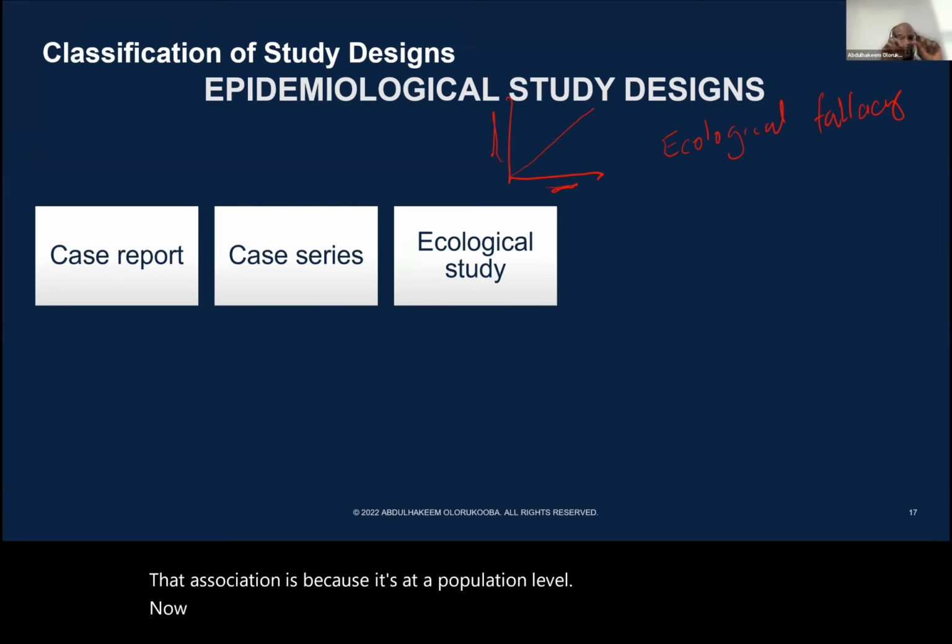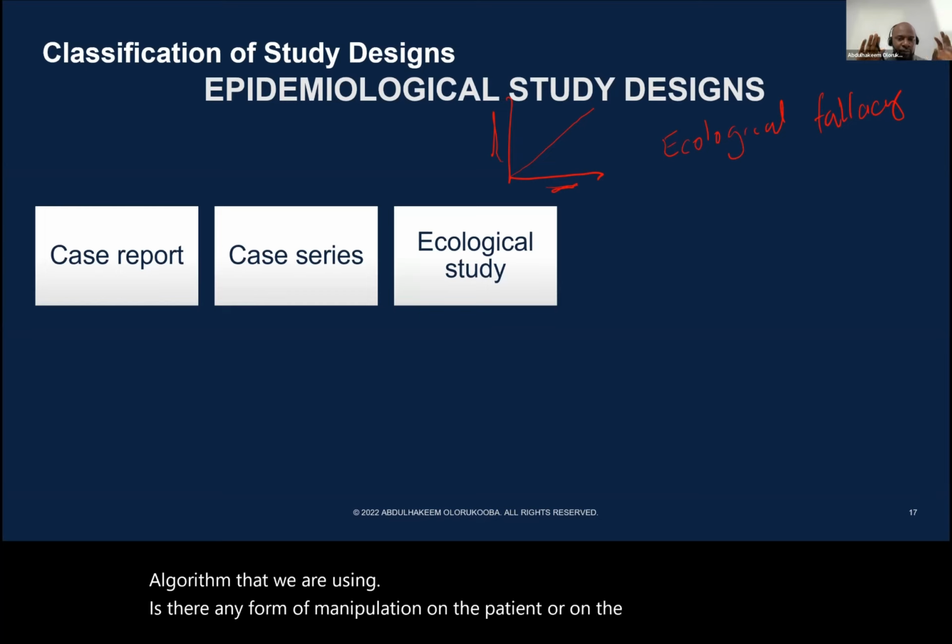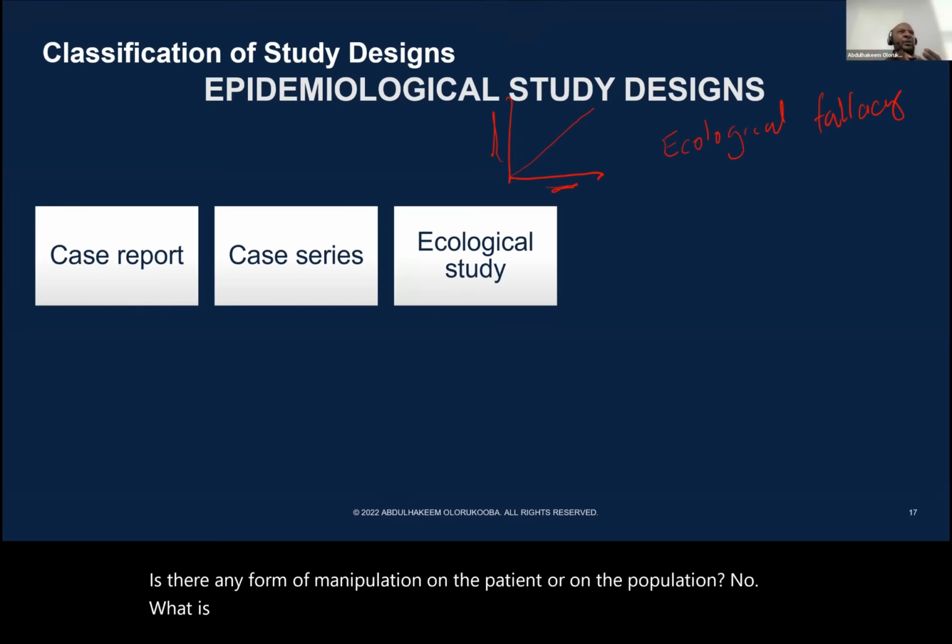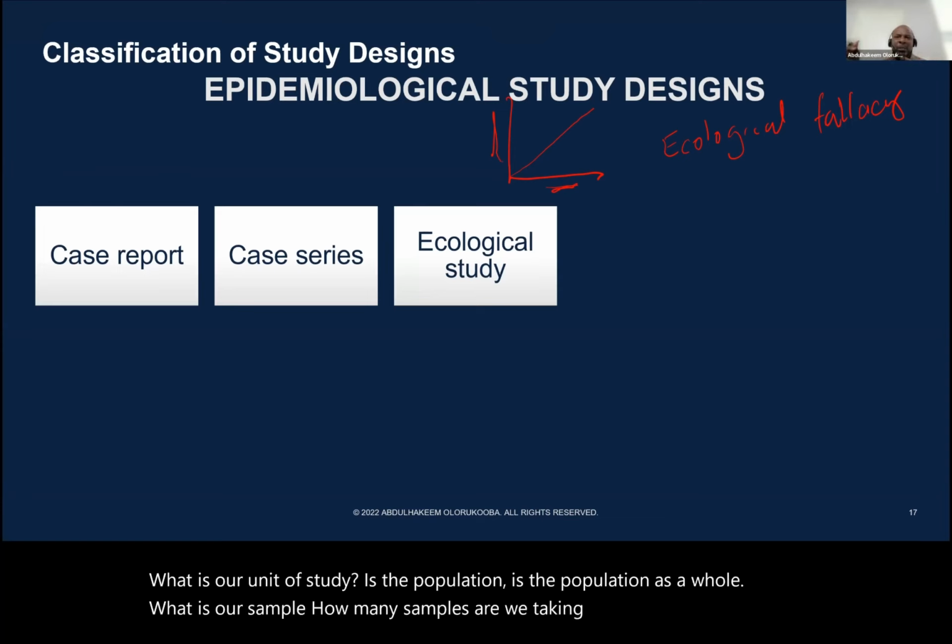And now let's go back to the algorithm that we're using. Is there any form of manipulation on the patient or on the population? No. All right. What is our unit of study? It's the population as a whole. What is our sample? How many samples are we taking? Is it one sample or multiple samples?